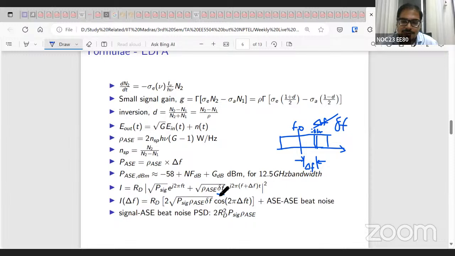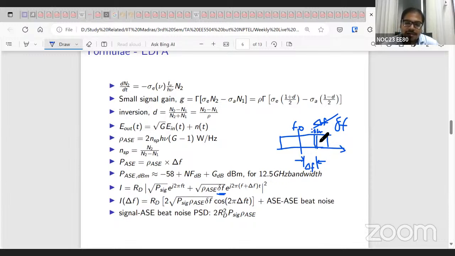That is what is being used here, to understand where these contributions are coming from. So at delta F distance, a small delta F section will contribute this much to noise.